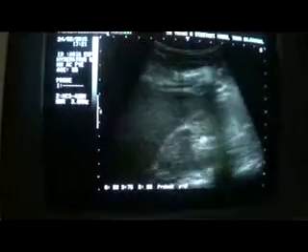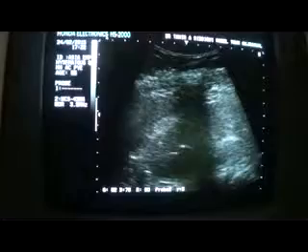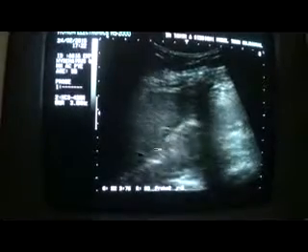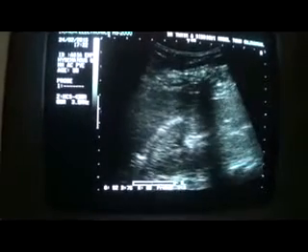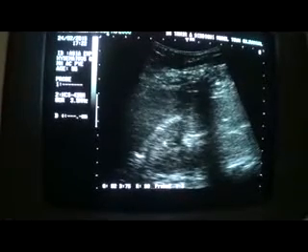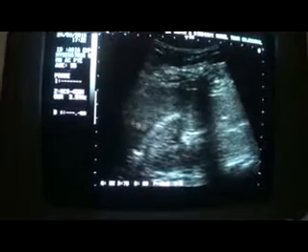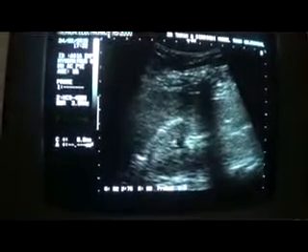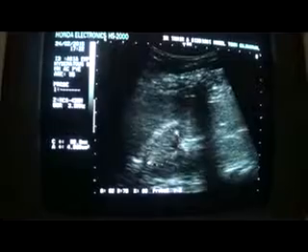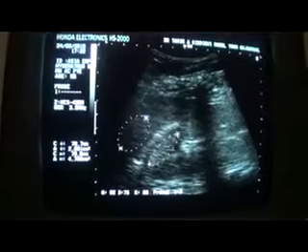the parenchymal echogenicity is more as compared to the liver adjacent to it. This is the parenchyma, renal parenchyma. I have just taken a part of it to compare with the liver. This is the liver parenchyma. See that this is the renal parenchyma, and this is the liver parenchyma.